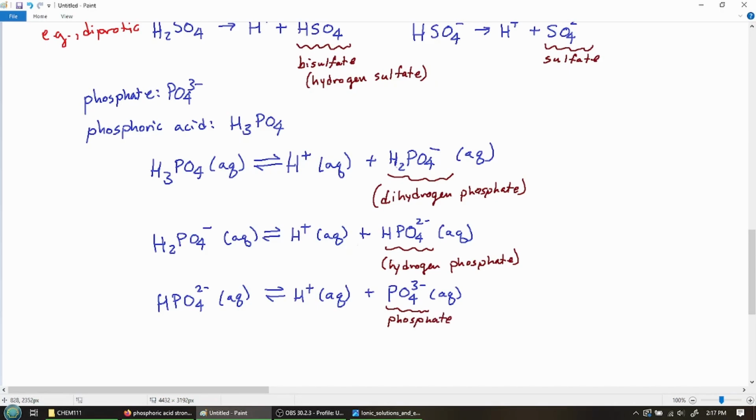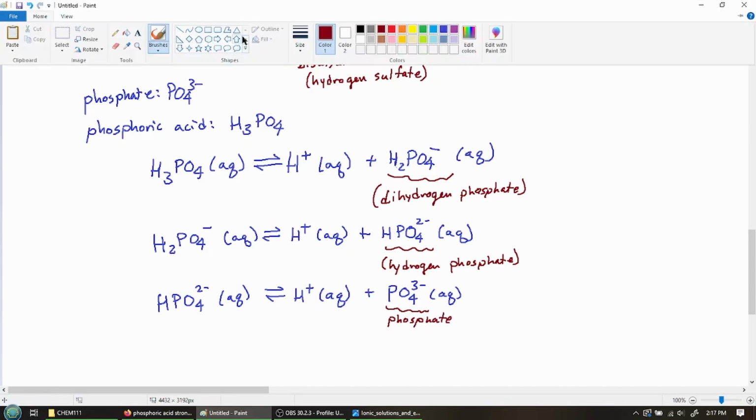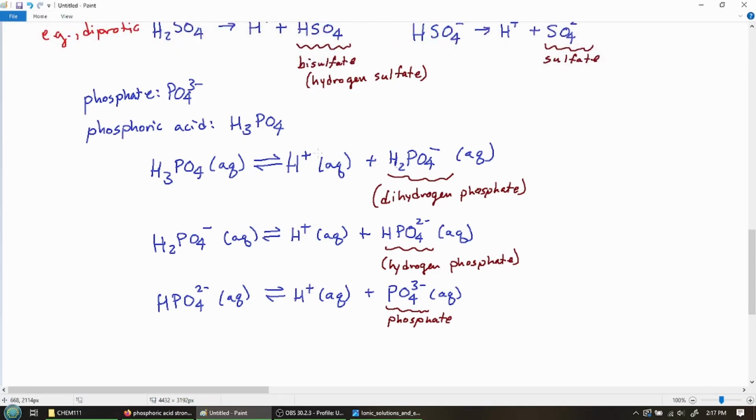So in this case, we would consider phosphoric acid to be a triprotic acid, triprotic because we can get 3 protons out of it.